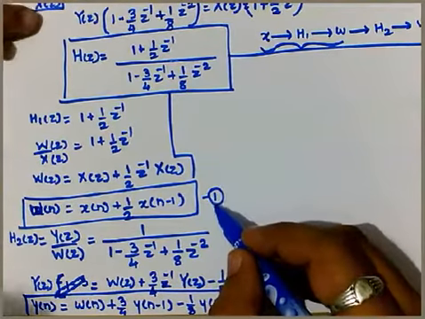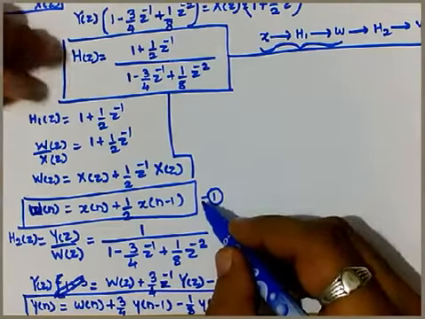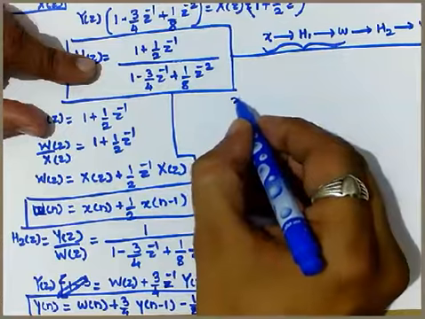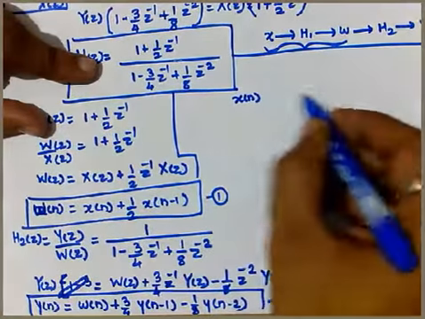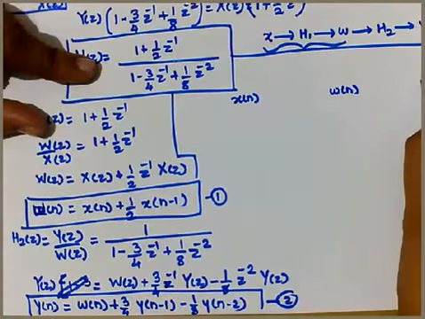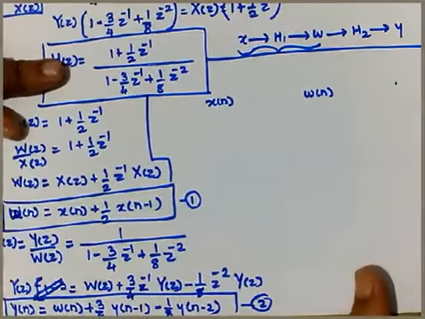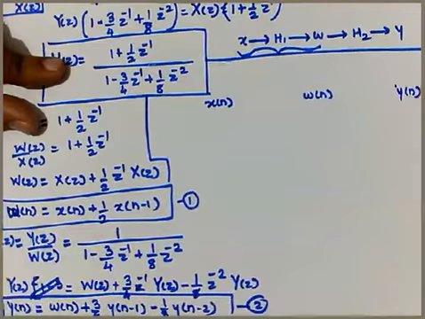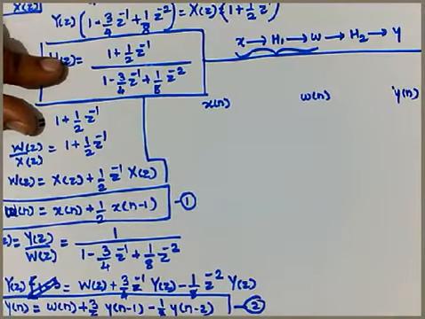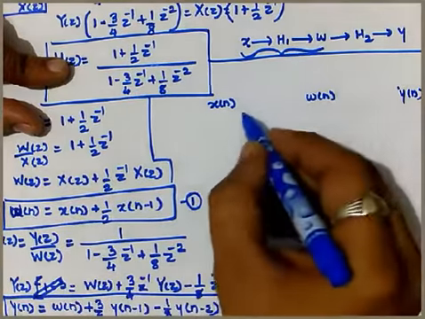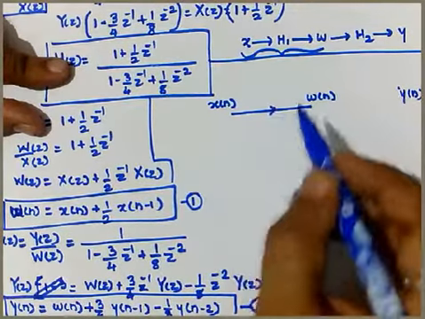So for this, the all-zero section will be what? It is the simpler one. So let's write here x(n). Here it is w(n), and the next point will be nothing but y(n). Now from equation 1, w(n) is equal to x(n), meaning it is directly connected over here.